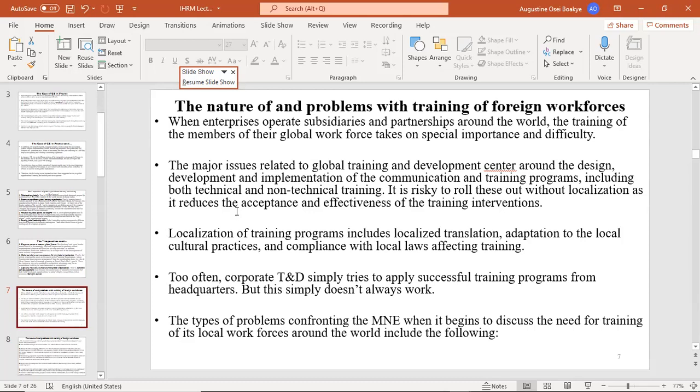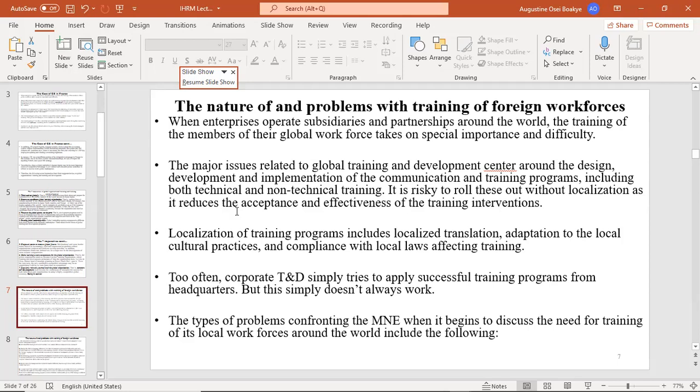So particularly, we are going to focus on the subsidiary level. What are the possible problems that the multinational enterprise is likely to encounter when it comes to the development and dissemination of training interventions? And what are also the various dilemmas that multinational enterprises confront, particularly if they have a lot of subsidiaries in addition to the headquarters?